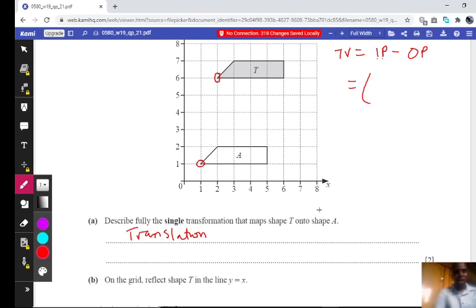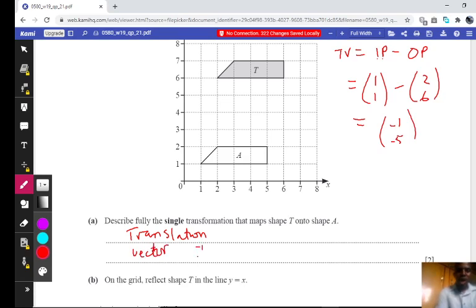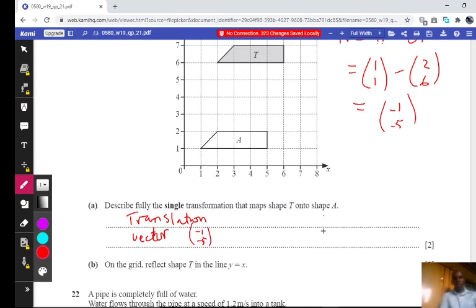So you say 1 1 minus 2 6, which is equal to 1 minus 2, it's minus 1, and 1 minus 6 is minus 5. That will be the vector. So the translation vector is minus 1, minus 5. You're done. Those will be your 2 marks.